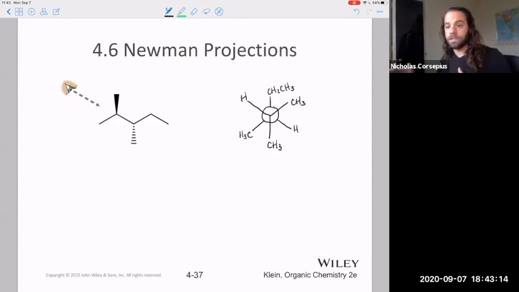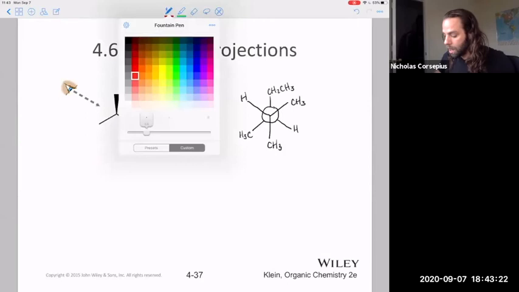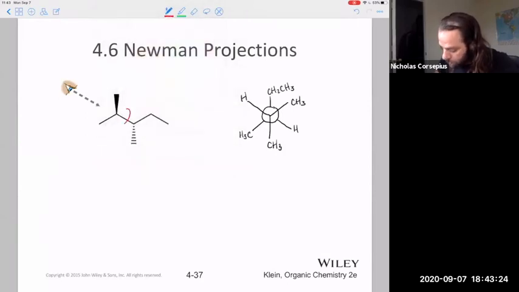Okay, so this is the last example from the previous slide. But I'm going to play with this Newman structure a little bit, in the sense that I'm going to rotate about this single bond, right? Single bonds can be rotated about, and that's exactly what I'm doing. I'm specifically going to rotate that front carbon, so everything in the back is going to stay in the same position.